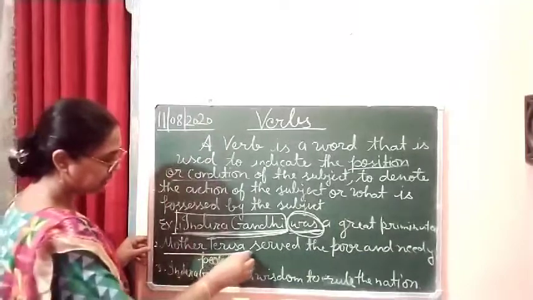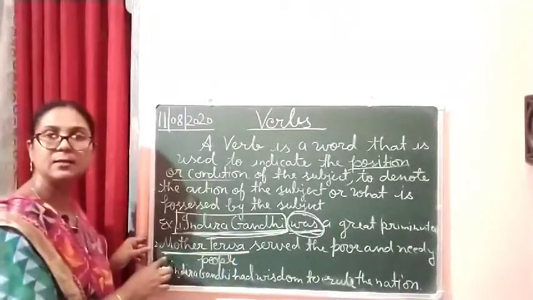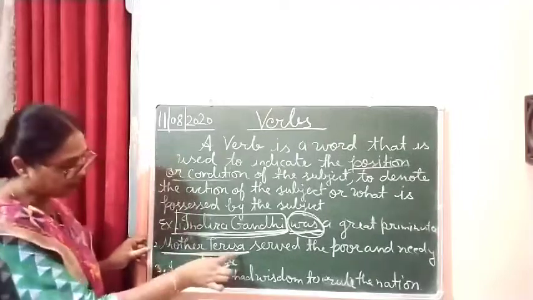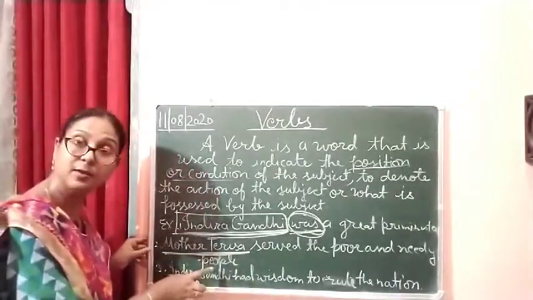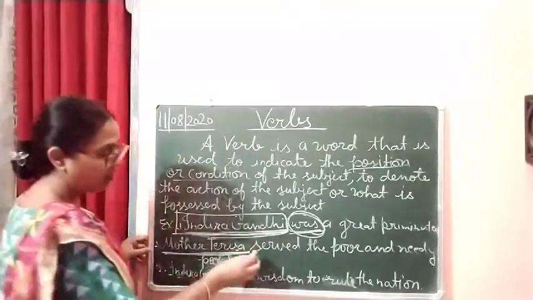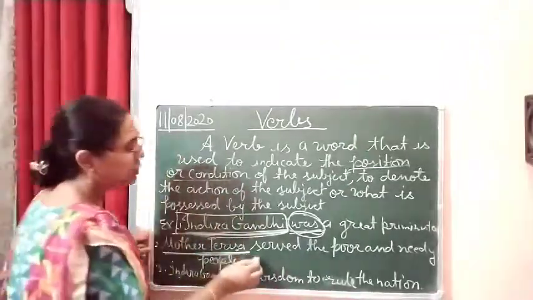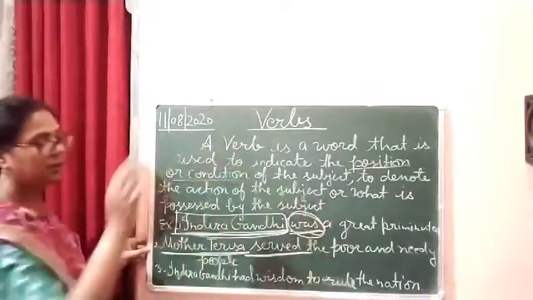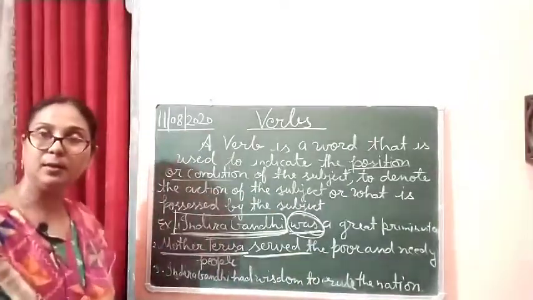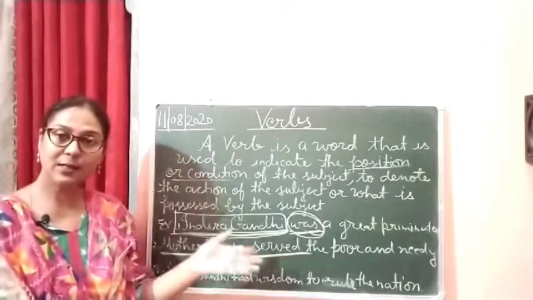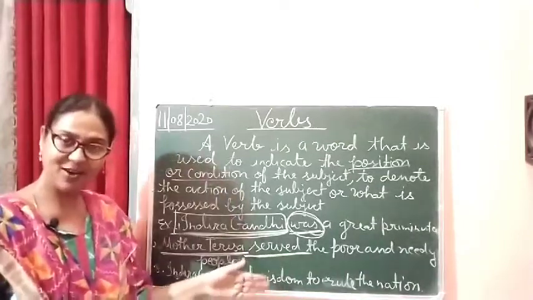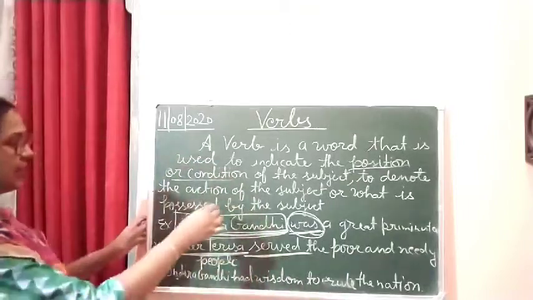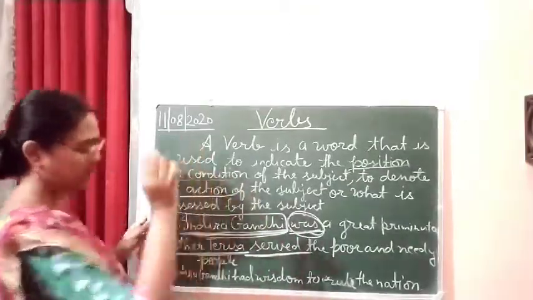Here you can see in the second sentence, Mother Teresa is the subject of this sentence, and what has she done? She has served the poor and needy people. Here you can see the action of a subject is also denoted. The second point we have now discussed.